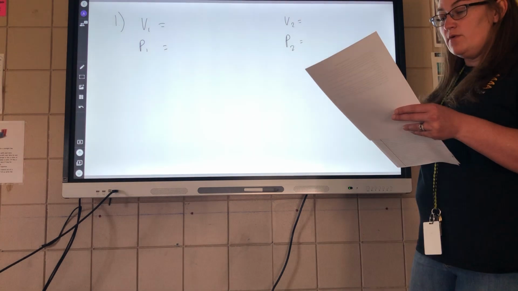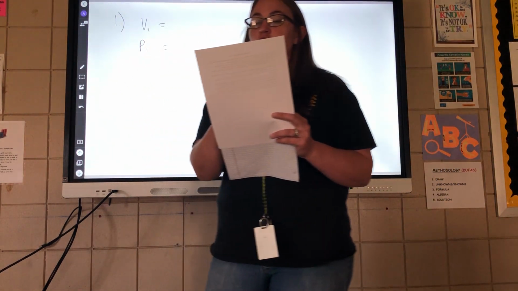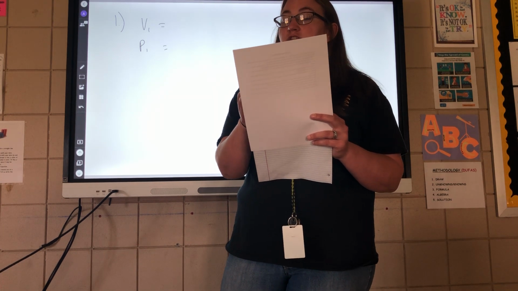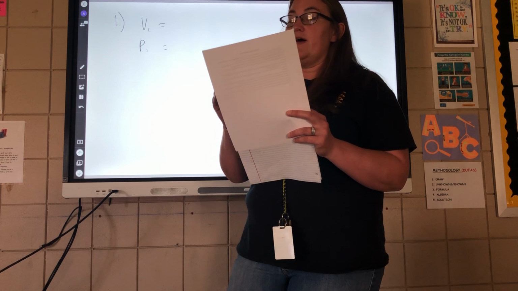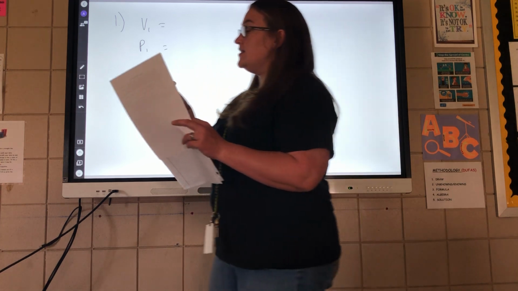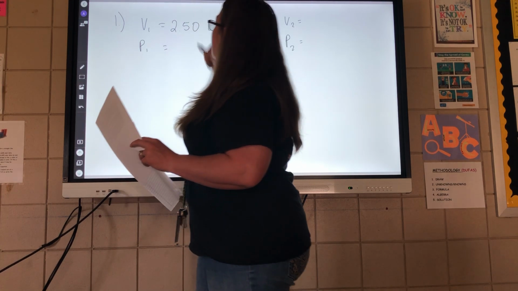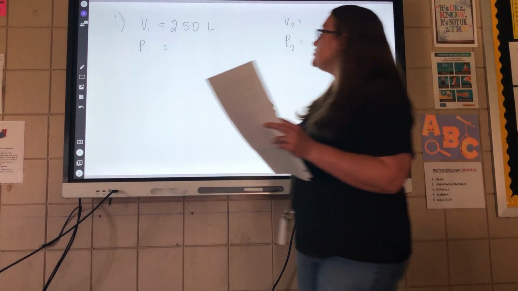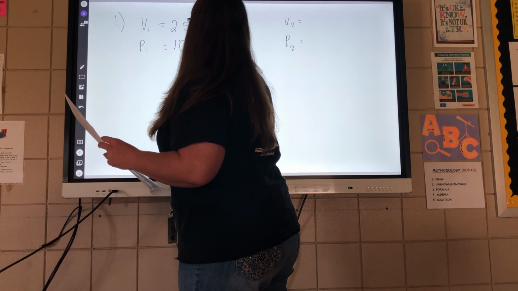All right, so V1, it says the pressure on 2.5 liters of the nitrous oxide changes from 105 kilopascals to 40.5 kilopascals. So I know from that sentence, I'm starting with 2.5 liters of the N2O, and my pressure is 105 kilopascals.